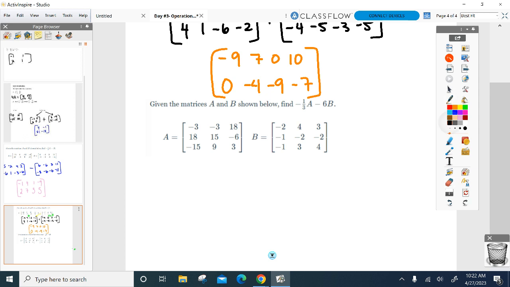So let's see if we can do that here and match at the end. I am choosing to multiply by negative 6.